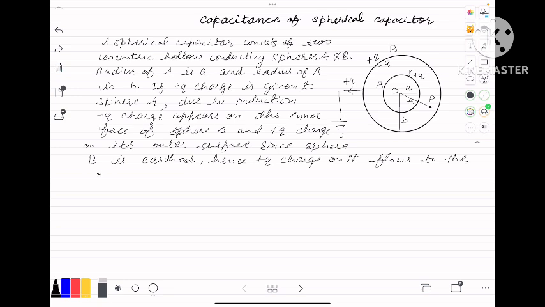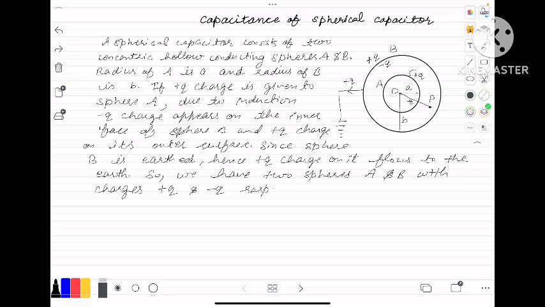So we have two spheres A and B with charges plus Q and minus Q respectively.